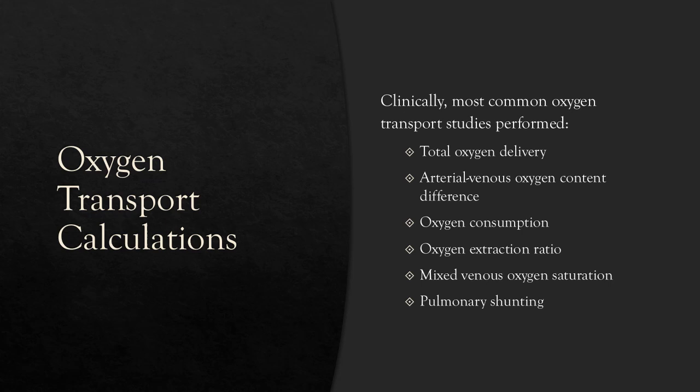Clinically, some of the most common oxygen transport studies performed are total oxygen delivery, or total oxygen content, arterial venous oxygen content difference, so the difference between the content in the arterial blood and the content in the venous blood, oxygen consumption, how much those tissues are using, oxygen extraction, how much those tissues actually took, and mixed venous oxygen saturation, as well as pulmonary shunt calculations.